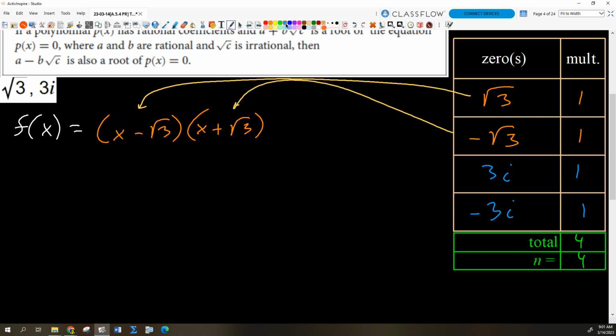What's the factor that goes with 3i? X minus 3i. And what's the factor that goes with negative 3i? Let's see, Mackenzie, what's going to be the factor that goes with negative 3i? X plus 3i, very good. X minus negative 3i, which is x plus 3i. Good.